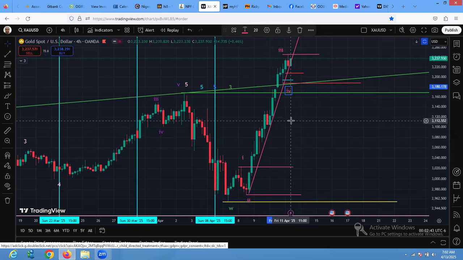And any sell we do here, we must do with close monitoring and a close stop loss. So what can we do?